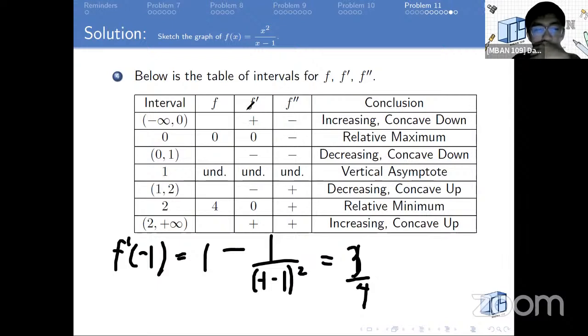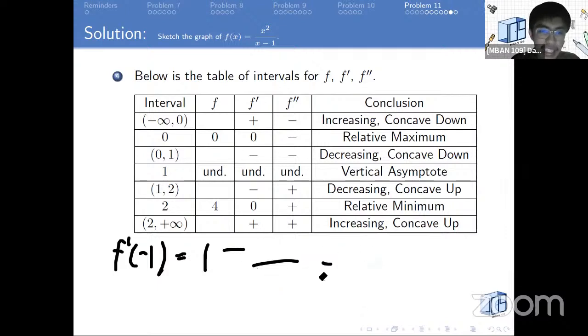So, I leave to you as an exercise kung bakit negative sa 0, 1, sa 1, 2, at positive naman sa 2, positive infinity. Pinakita ko lang sa inyo kung ano yung process ng pagkuha ng sign.